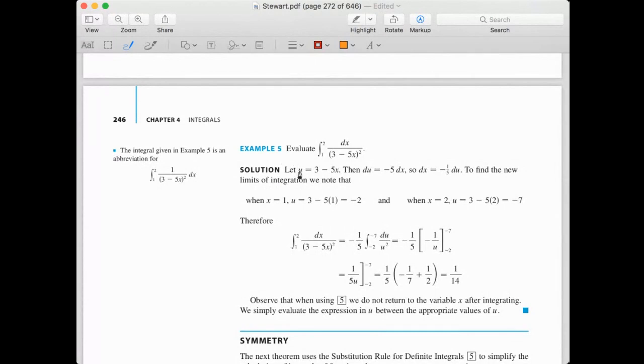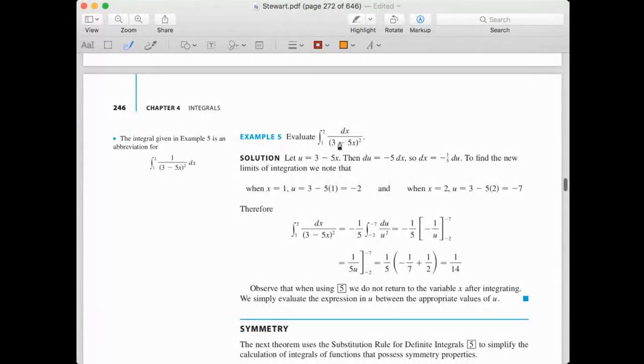Okay, let's see example 5. So we have dx over 3 minus 5x squared. So let's rewrite 3 minus 5x into u. So u equals 3 minus 5x. Then du equals negative 5 dx. So now let's substitute. So dx equals negative 1/5 of du, and this bottom we can write as u squared. So we have du over u squared.